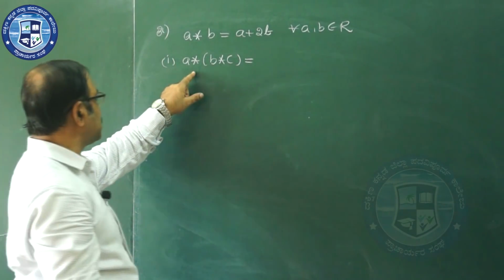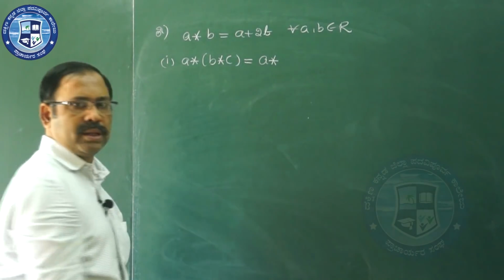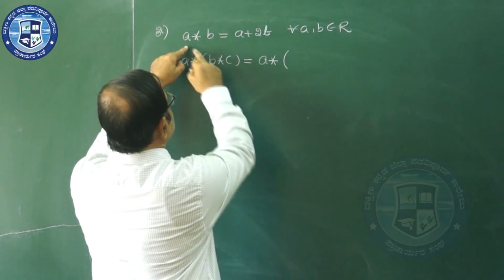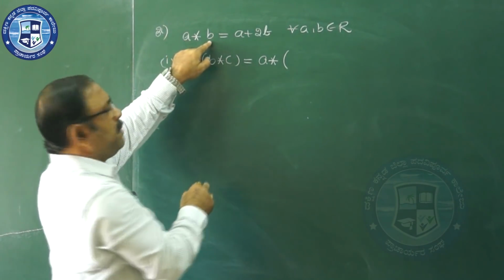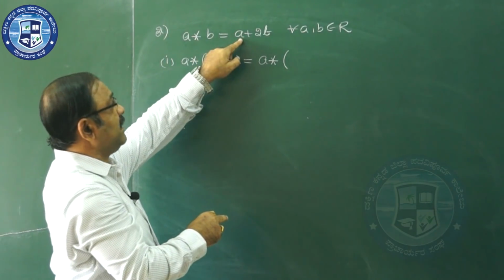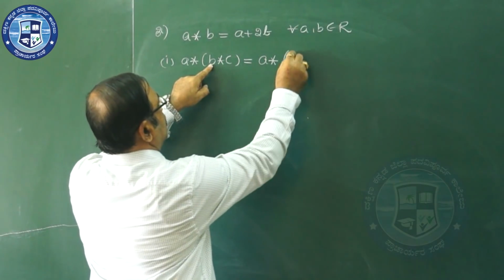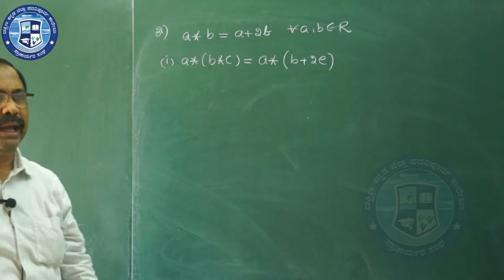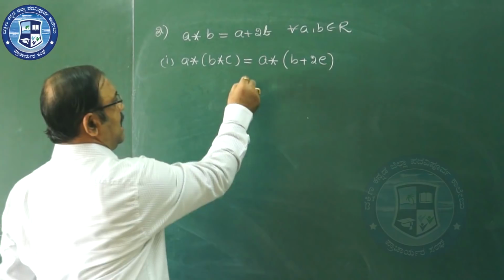Now, let us write A star, B star C. Associative means A star, B star C. What is this? A star. What is B star C? By definition, what is B star C? Look here, A star B. A is first, B is second. First plus 2 into second. What is the definition? First plus 2 into second.